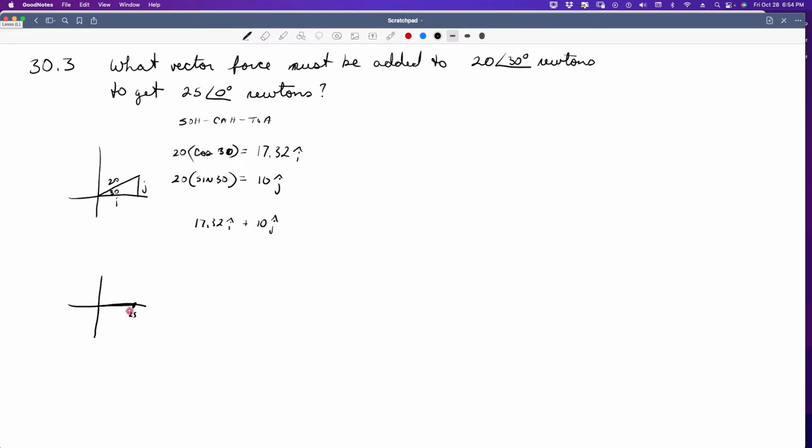So we have a length of 25 with an adjacent of 0 and an opposite of 0. And we have 0 degrees, so it's right up there on that x-axis.